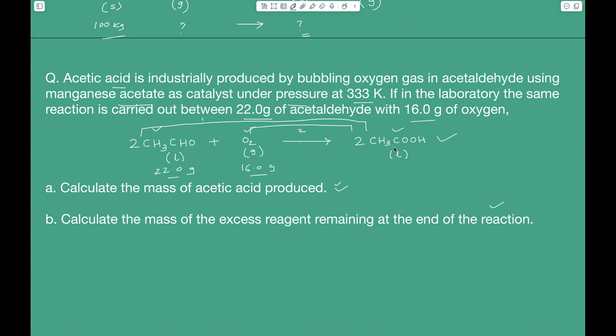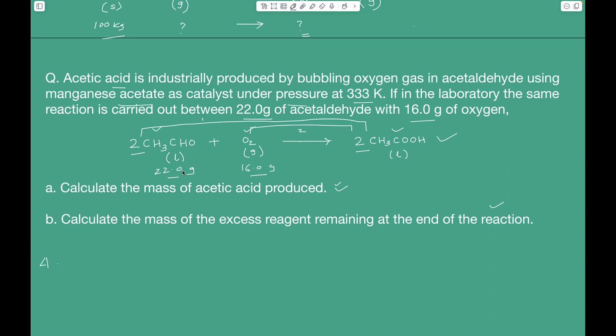If not, then the amount of acetic acid produced is determined by the reactant that is present in lesser amount, and that reactant is called the limiting reagent. So you have to identify the limiting reagent and use the relationship between the number of moles of the limiting reagent and the product to estimate the amount of product formed. So how do we do that?